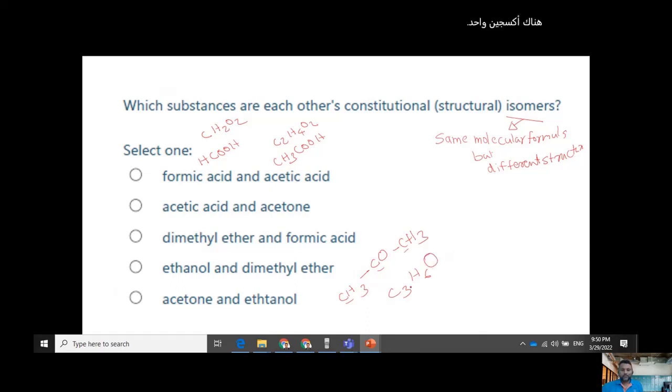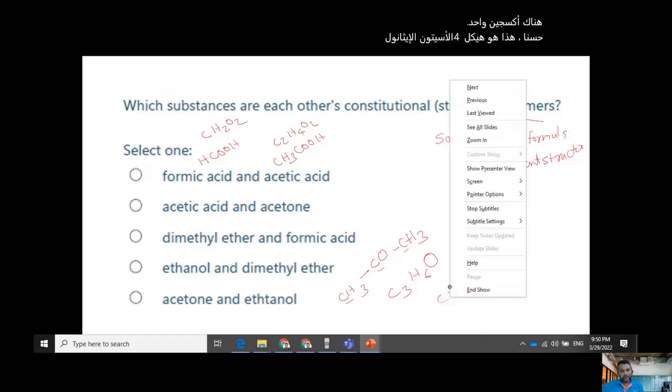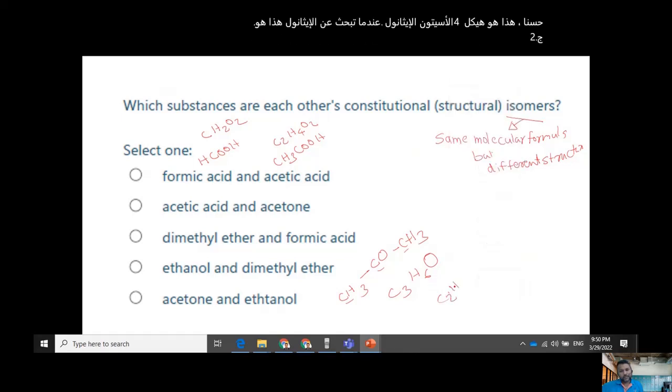Okay, this is the structure for acetone. Ethanol is C2H5OH. So when you count the total, carbon 2, hydrogen 6, and oxygen 1. So they do not have the same molecular formula.